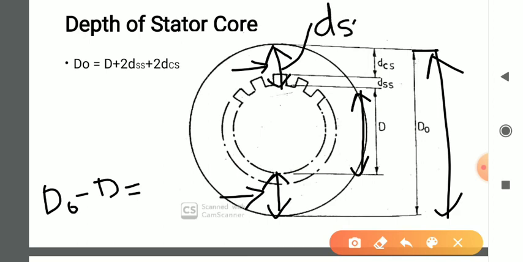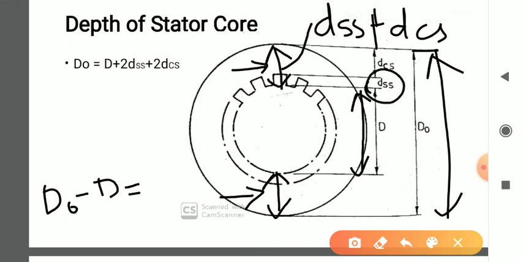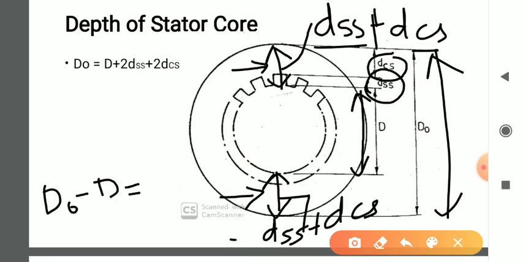This value is equal to DSS plus DCS, where DSS is called the depth of the stator slot and DCS is the depth of the stator core. It means this length is also DSS plus DCS. So DO minus D is equal to this DSS and this DSS together, which becomes 2 DSS, plus this DCS and this DCS together, which makes 2 DCS.